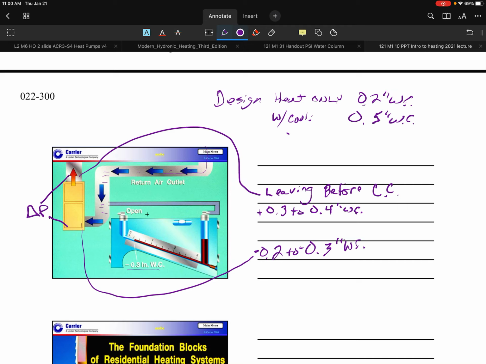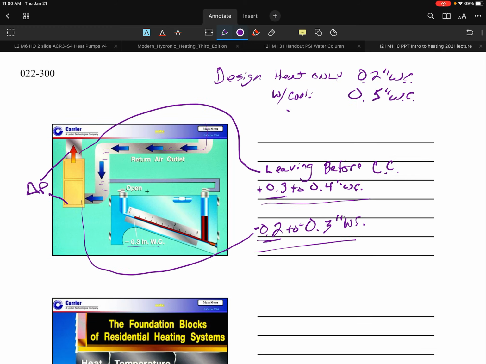Now, in a really very well-designed system, if we deal with a 0.3 and we have a negative 0.2 into that blower assembly, we can make that work with a cooling system. If the systems are more restricted, you're going to see all of these numbers become more negative here, and they'll become more positive here.